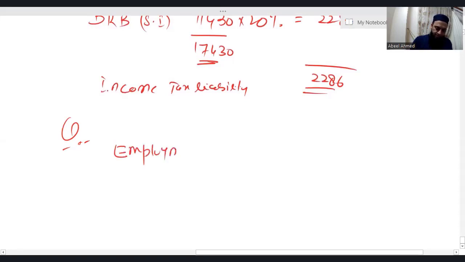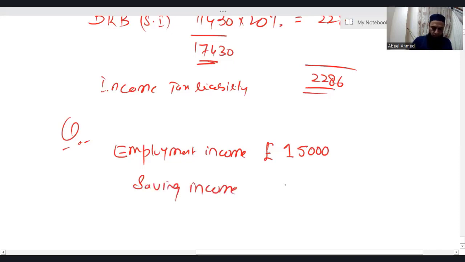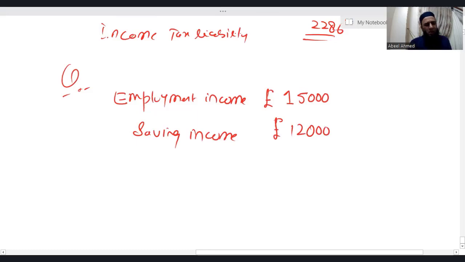Employment income, let's say it is 15,000. We have employment income 15,000. Saving income is 12,000. A requirement is simply you need to calculate income tax liability. Let's directly solve this.